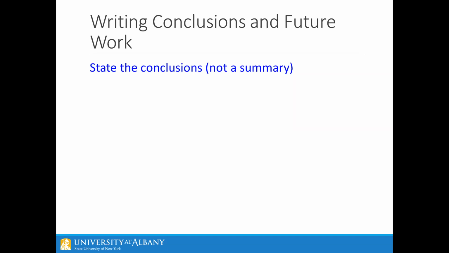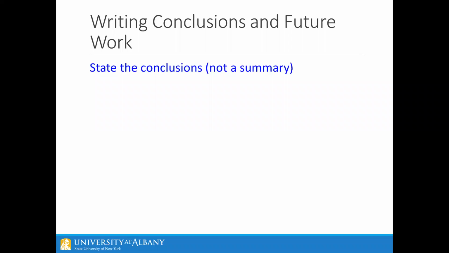They're like rephrased. In conclusion, you should be explicit in writing what you conclude from this work. Okay, what is the take-home message from this work? Rather than saying, okay, we propose this method, this method has these features and so on.